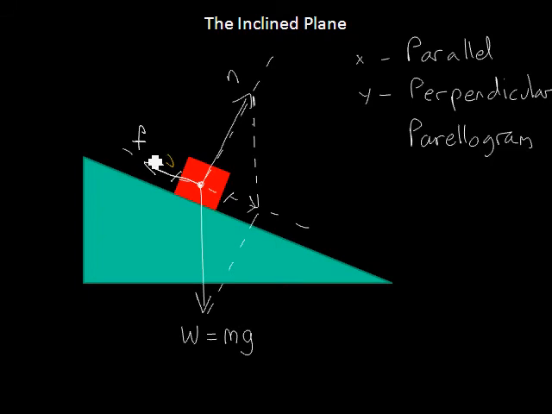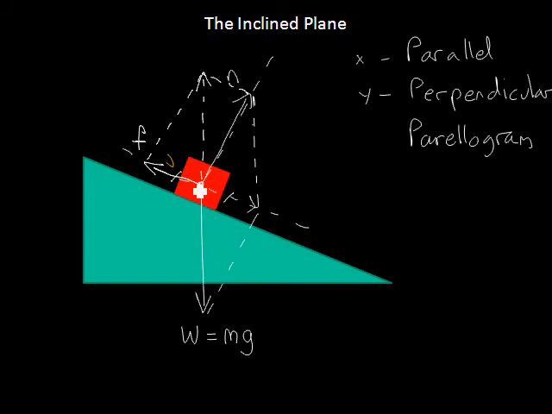In addition to that, we can also apply the parallelogram rule here to add the normal force to the frictional force, and we end up with a vertical force here. This force here is equal and opposite to the weight, so that there's no acceleration up or down.